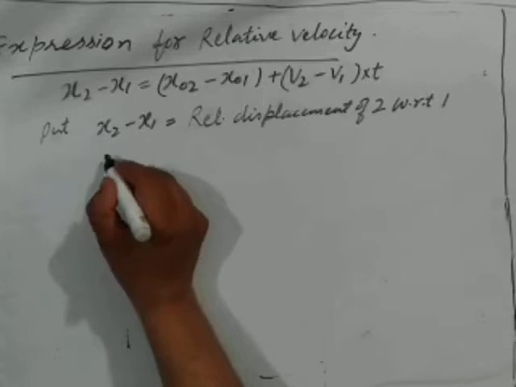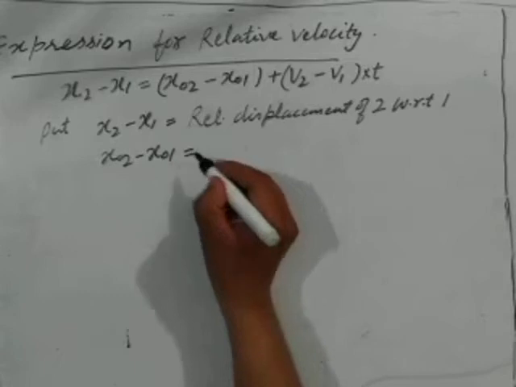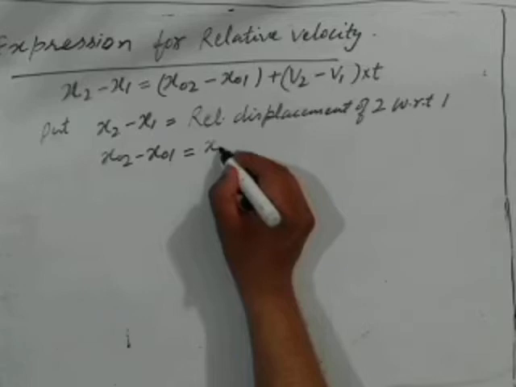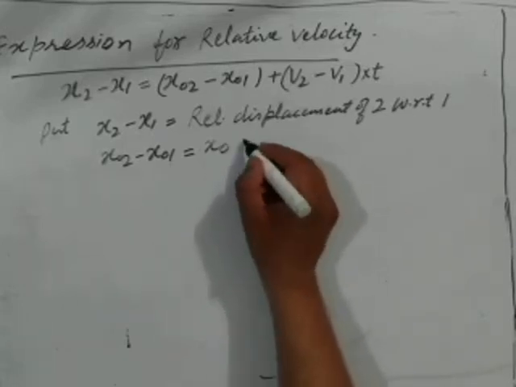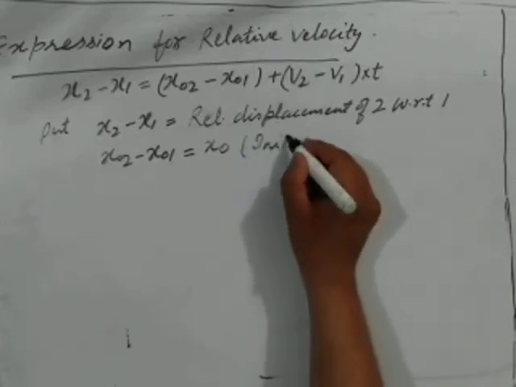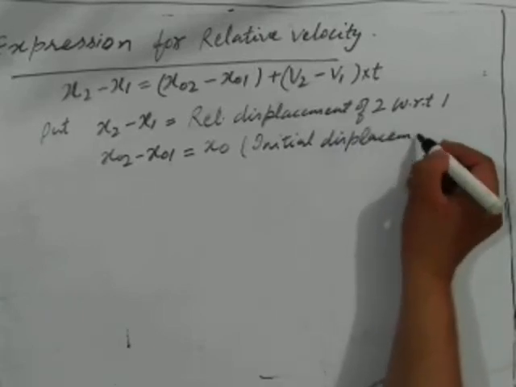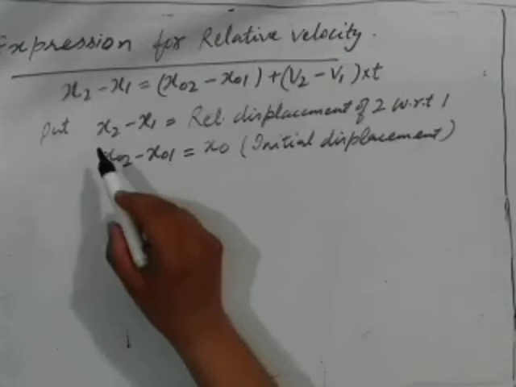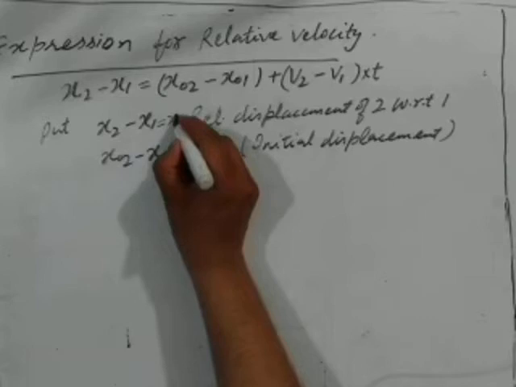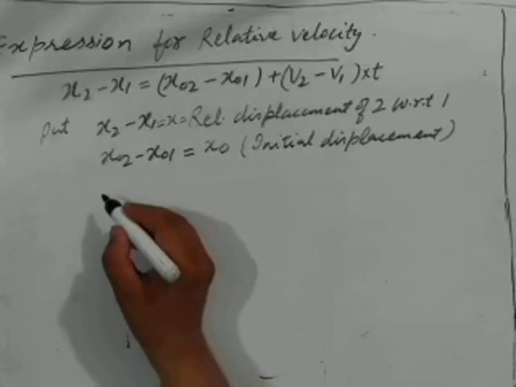Similarly, put x02 minus x01 equivalent to x0, that is initial displacement. x2 minus x1 equal to x equal to relative displacement. So put these values in the above equation.